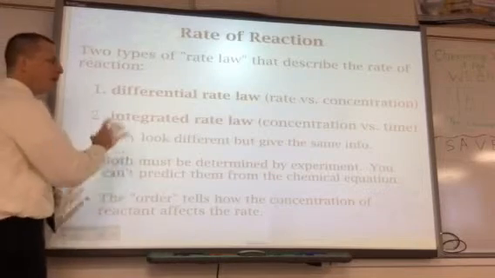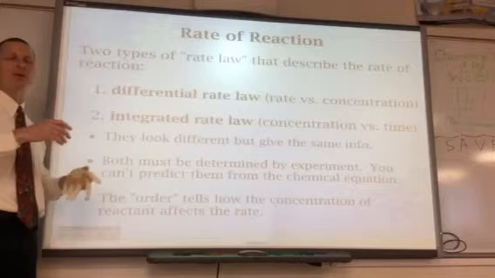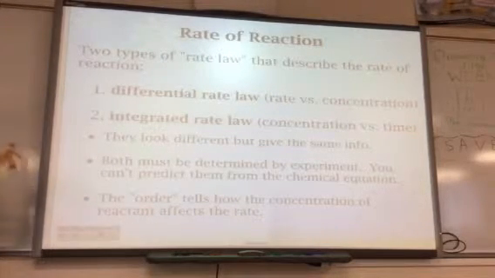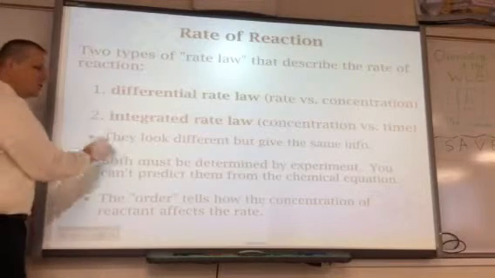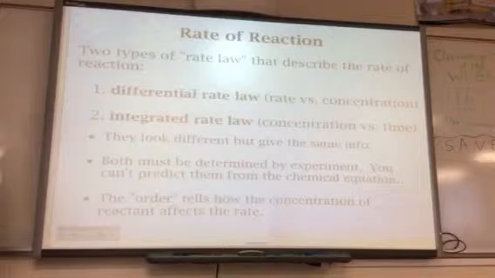That's probably the biggest misconception in this chapter. Even when we're done with the chapter, people still want to look at the chemical equation and try to determine how fast the reaction is going or write a rate law just based on the equation. You can't. You have to use the data from experiment.